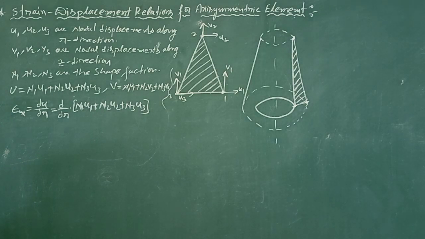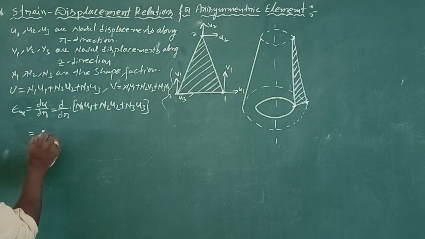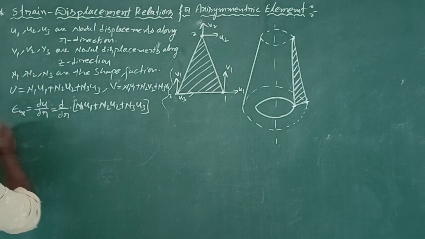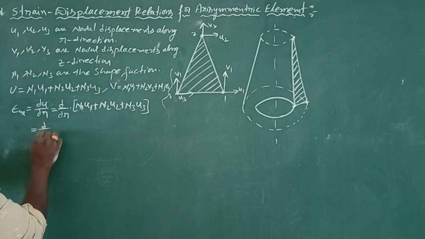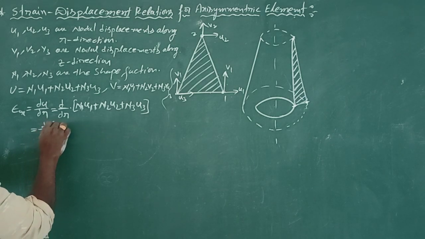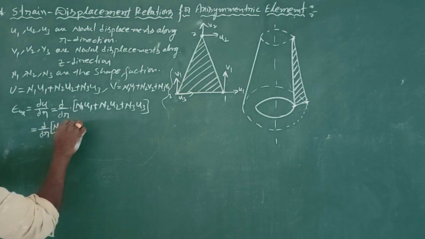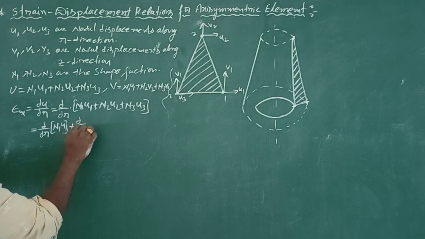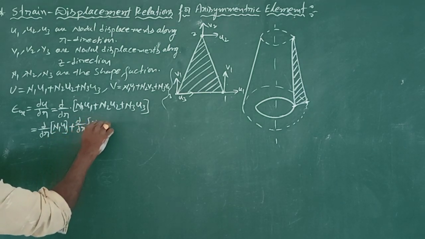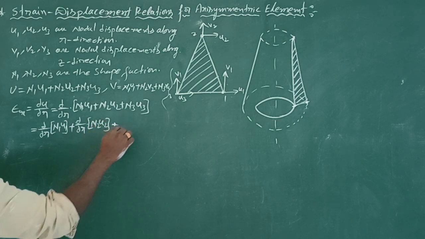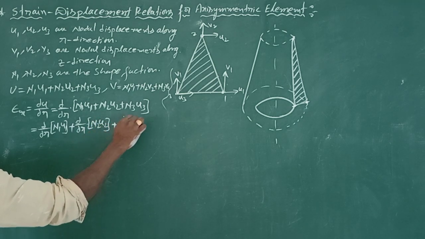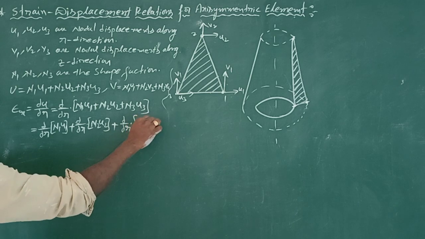Okay, so next let's find dou by dou r of this, so split it out. That is dou by dou r of n1 u1 plus dou by dou r of n2 u2 plus dou by dou r of n3 u3.